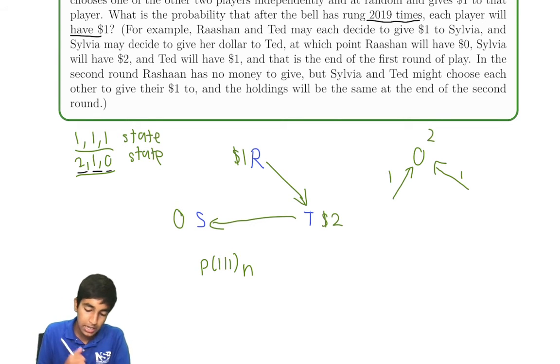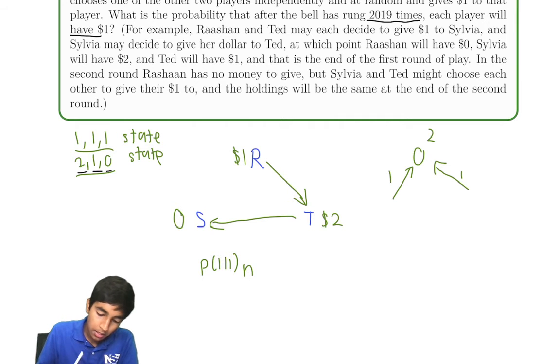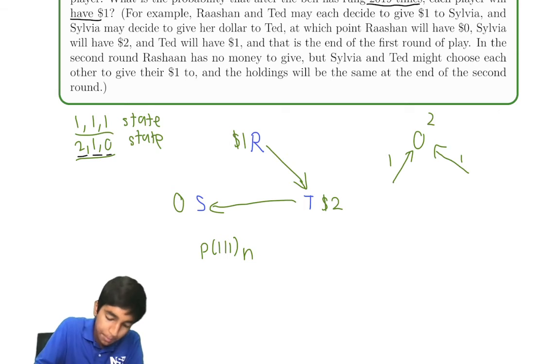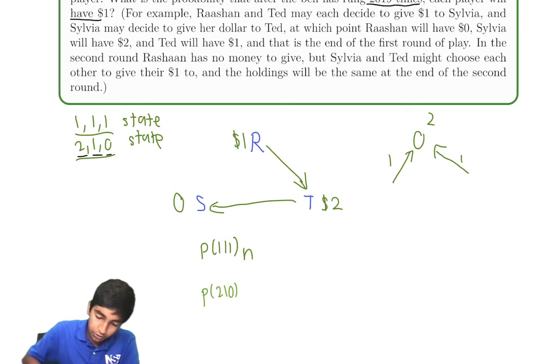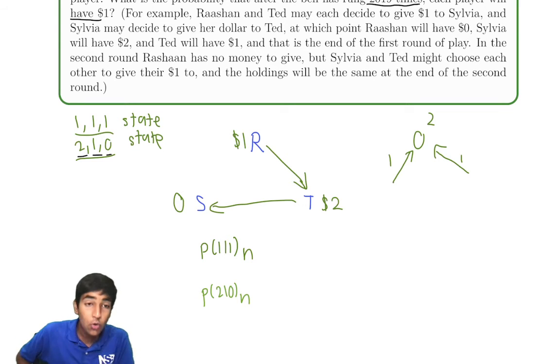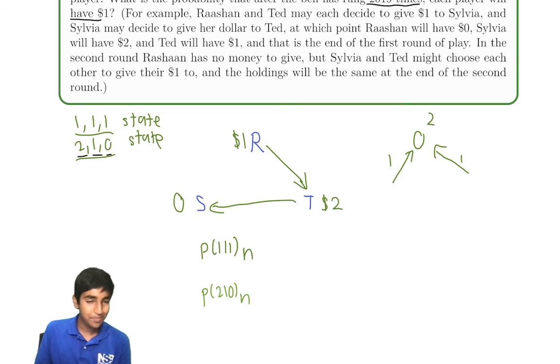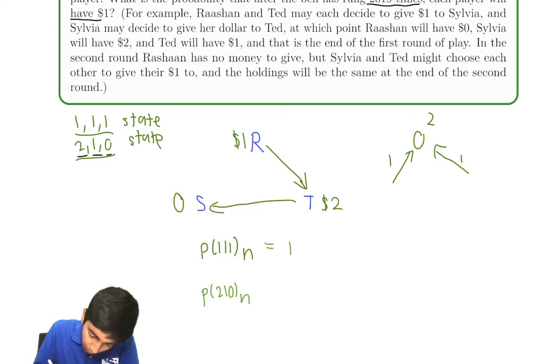So we use the notation P111 at n to define the probability that it's at the 111 state after n moves, and P210 to define the probability that we're at the 210 state after n moves. So now let's write our equation. P111 at n. Well, what if we're already at P111 at n minus 1?